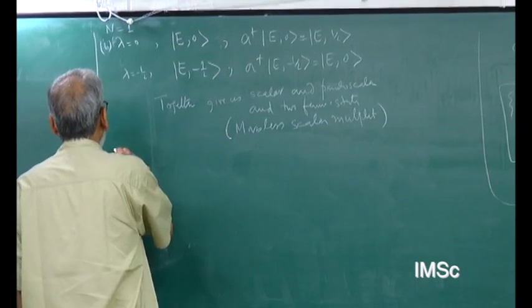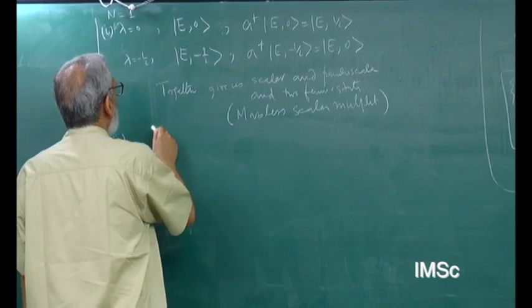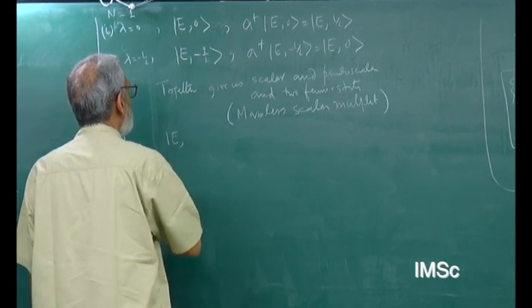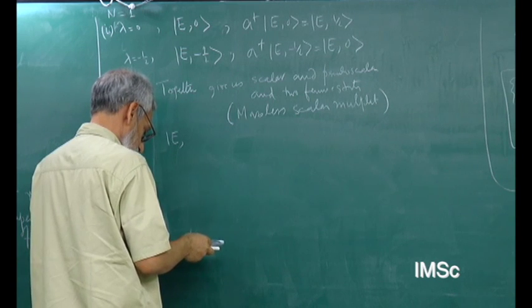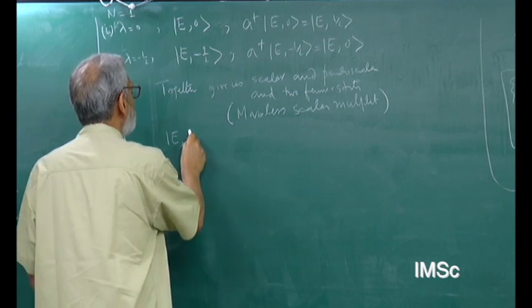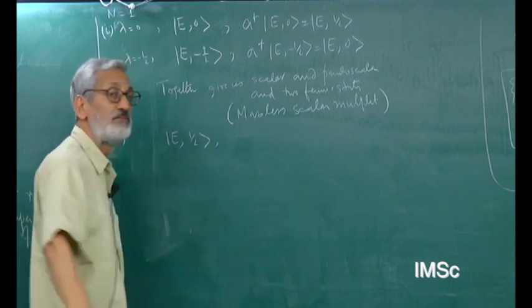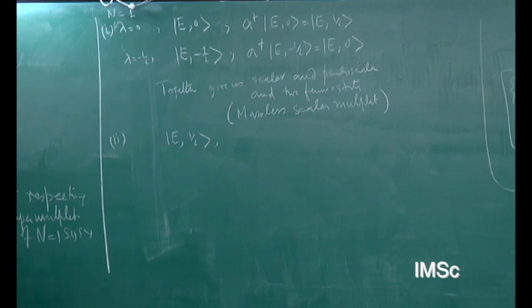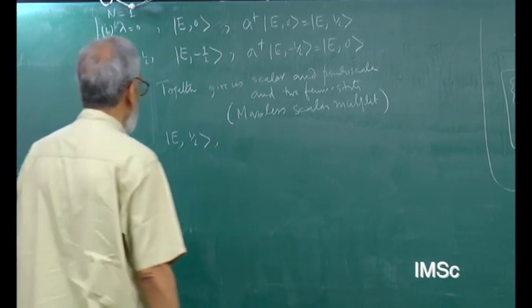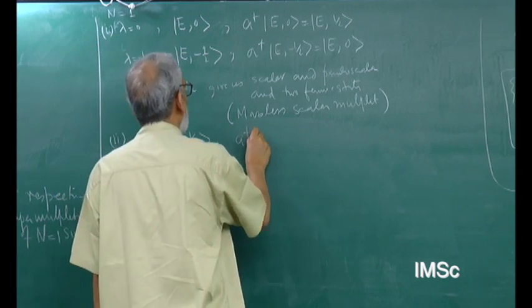Now let me take the next one. Starting with E and half. The vacuum state is helicity half, a fermionic vacuum state, and apply A dagger on it.